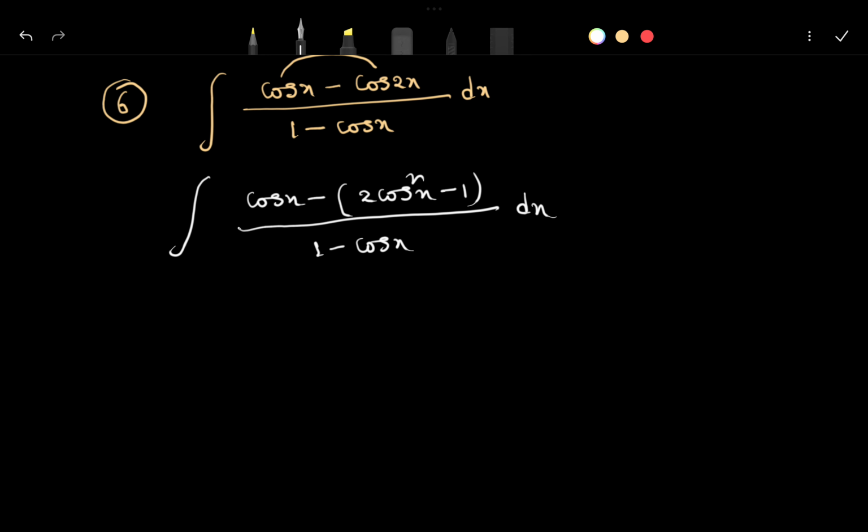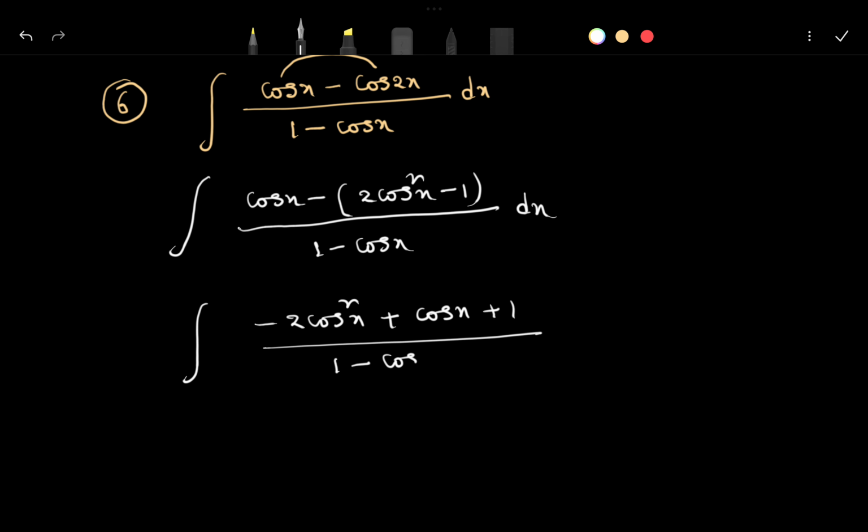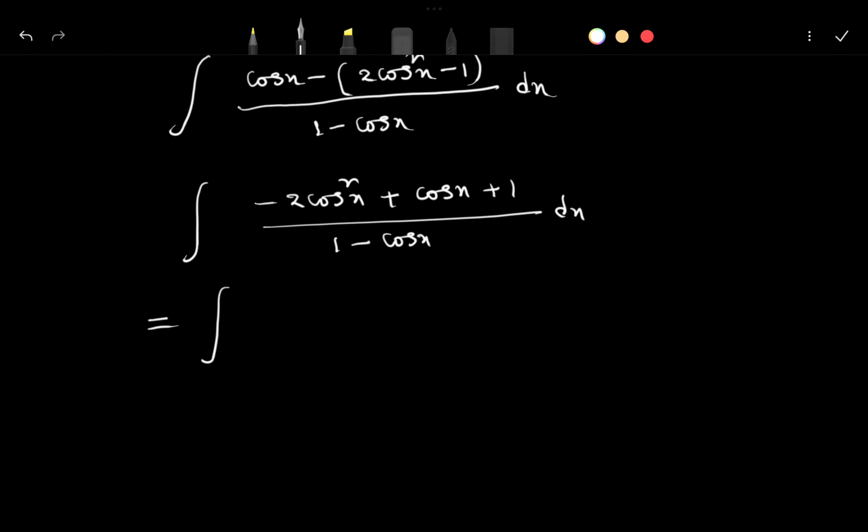Here you simplify this value: minus 2 cos square x plus cos x plus 1 whole divided by 1 minus cos x. In the numerator and denominator multiply with the minus, so this is 2 cos square x minus cos x minus 1 whole divided by cos x minus 1 into dx.